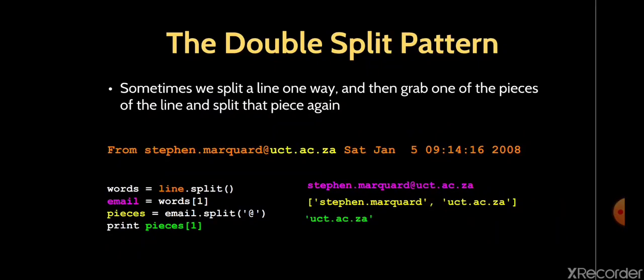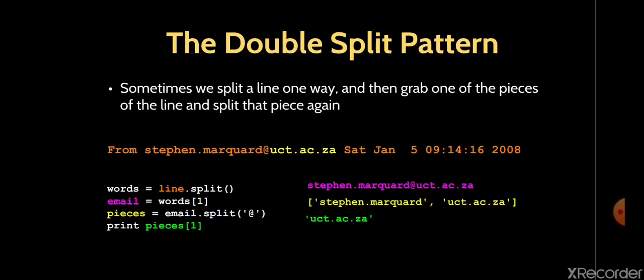Since our email is at index 1, we can extract words[1] and save it to email. Then email can be split based on the @ symbol. Then we will have two parts: stephen.markword one part, uct.ac.za another part.